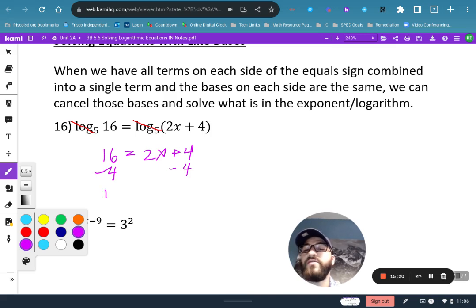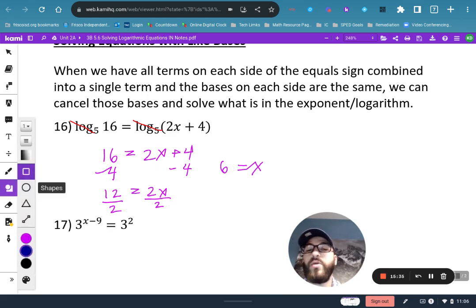So we get 12 is equal to 2x. Divide by 2, divide by 2, and we get 6 is equal to x. So relatively straightforward with our canceling the bases.